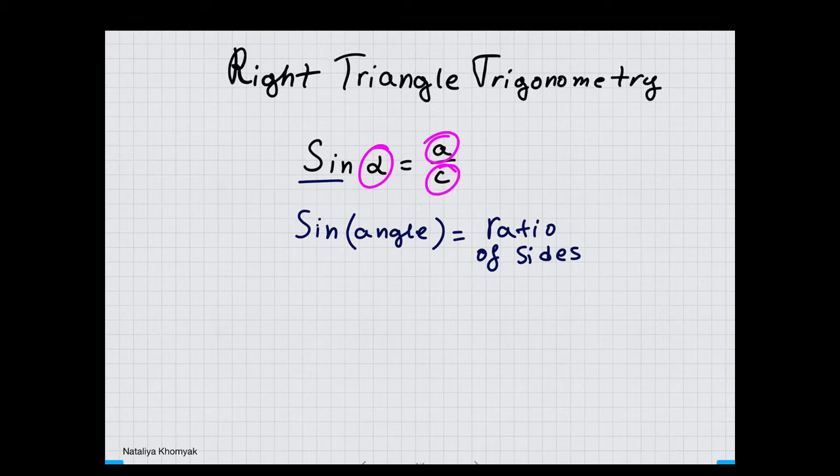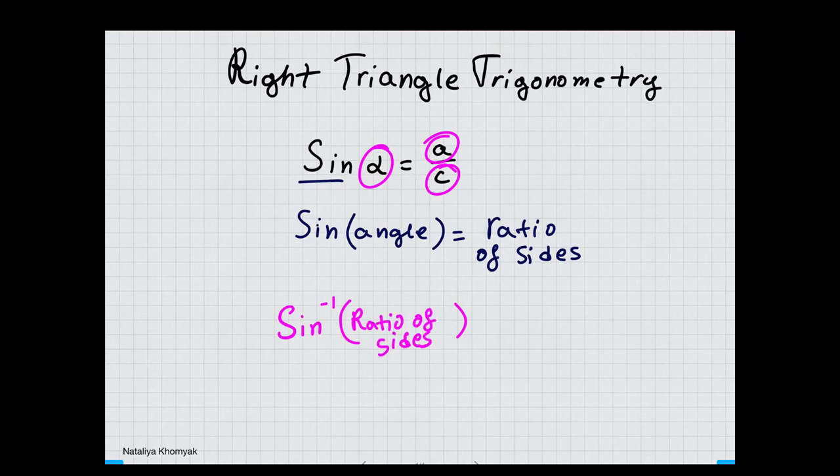It's useful to remember that sine of an angle calculates ratio, and the inverse of that, sine to the -1, it's not 1 divided by sine, but on your calculator you will have sine inverse, and you will plug in ratio of sides.